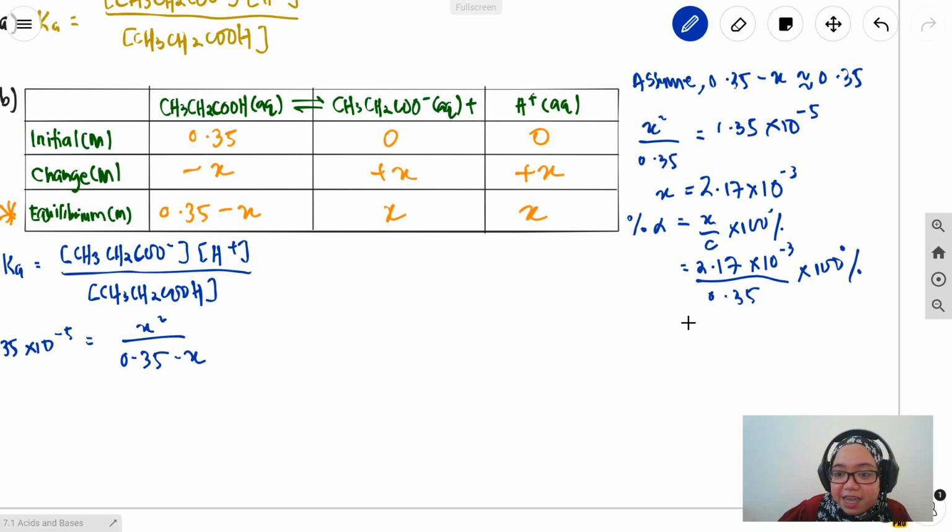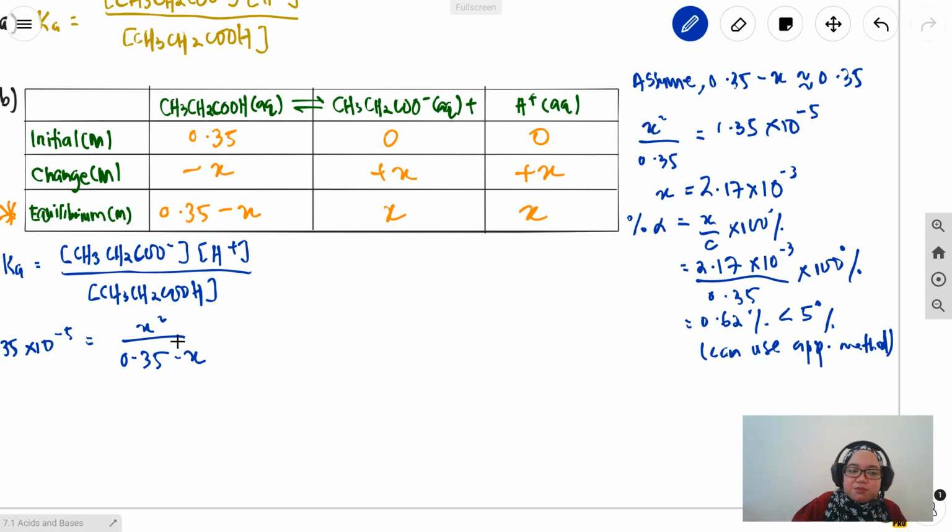So, we will get here 0.62%, which is less than 5%. So, we can use approximation method. Okay. So, kita boleh teruskan guna approximation method.